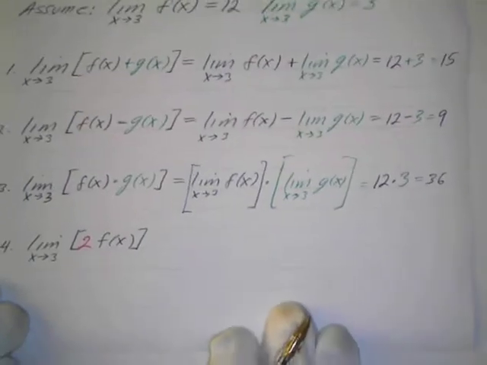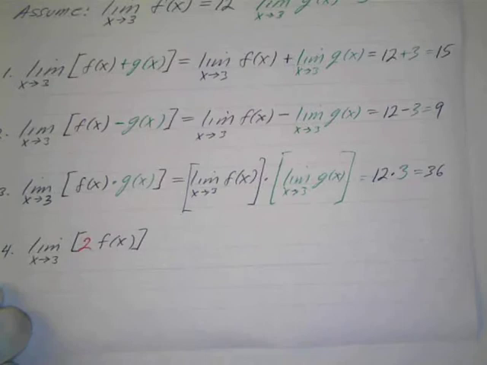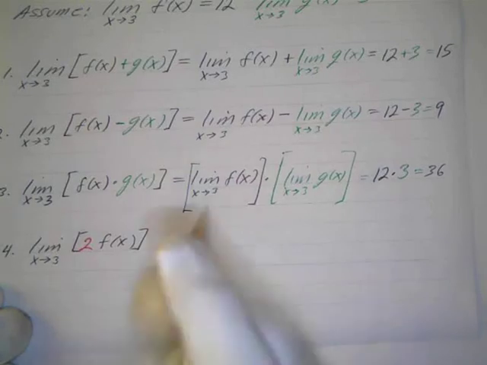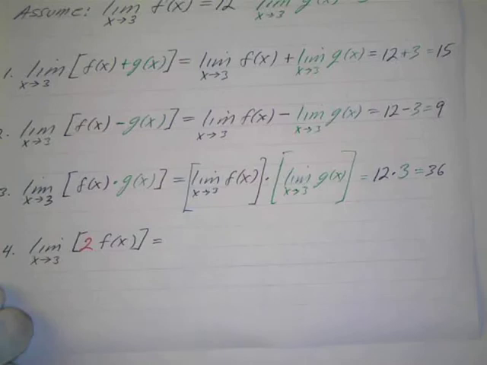Okay, and then number 4 is the constant multiplier rule. So we have the limit of a constant times a function is the constant times the limit of the function. So that's going to be equal to the constant 2 times the limit of the function.